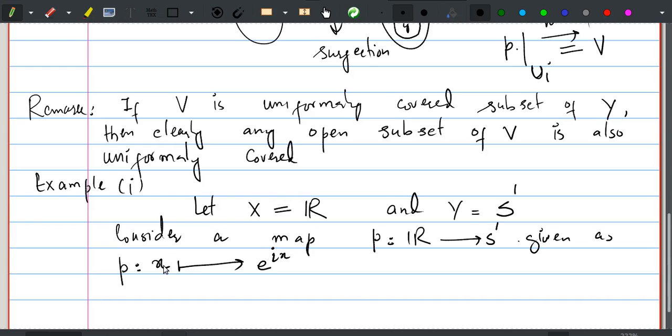Obviously this x is a real number and this e to the power ix is some point on the circle. Then we claim that this P is a covering.